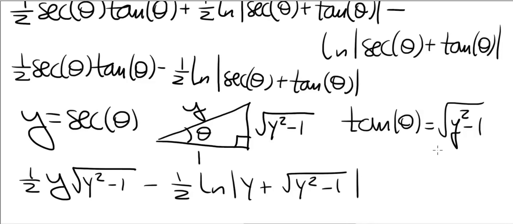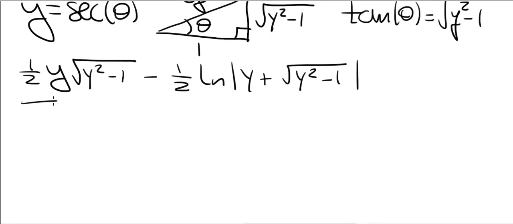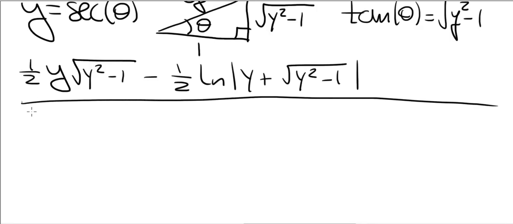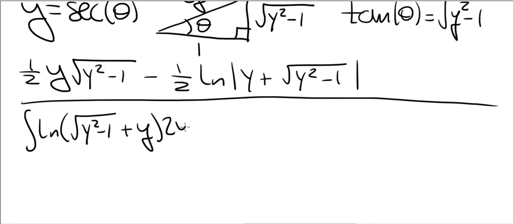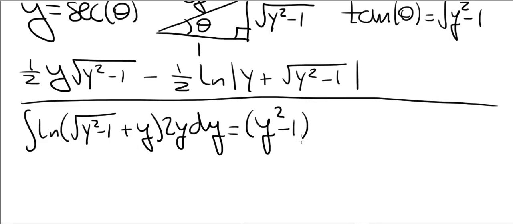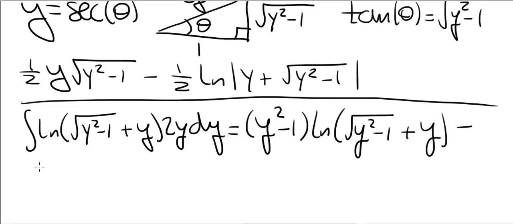Now let's return to the integral in variable y. That integral was natural log of square root of y squared minus 1 plus y times 2y dy, and that was u times v, so that's y squared minus 1 times natural log of square root of y squared minus 1 plus y minus the integral of v du.